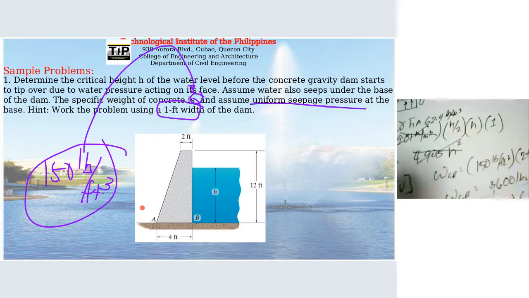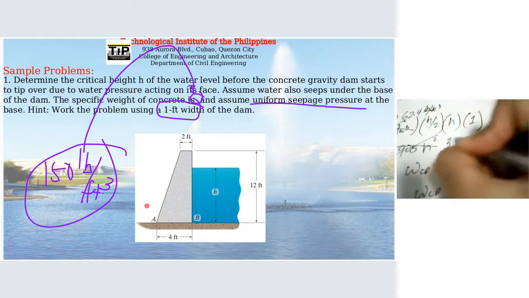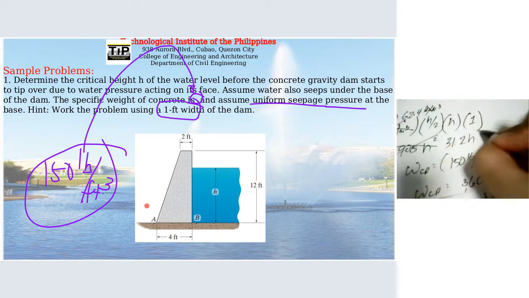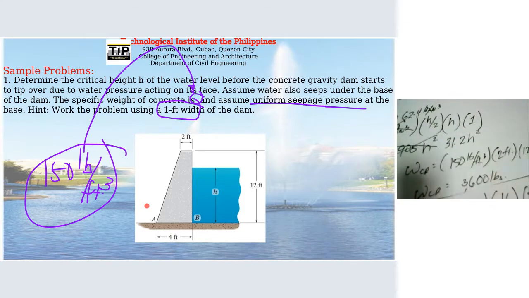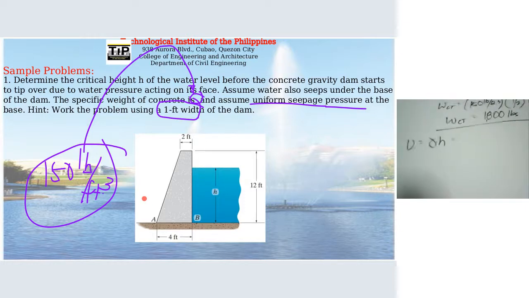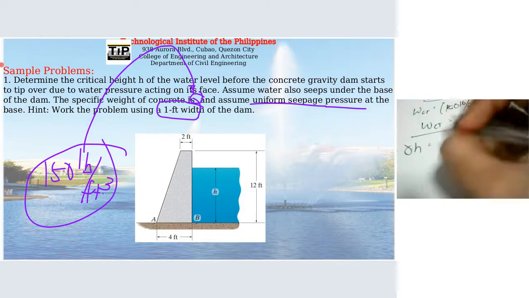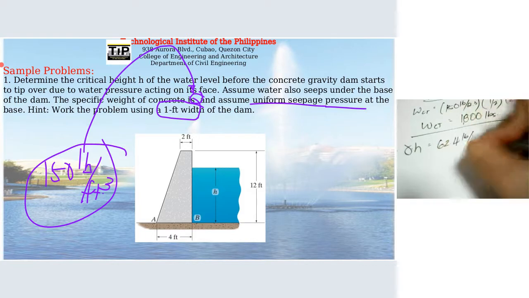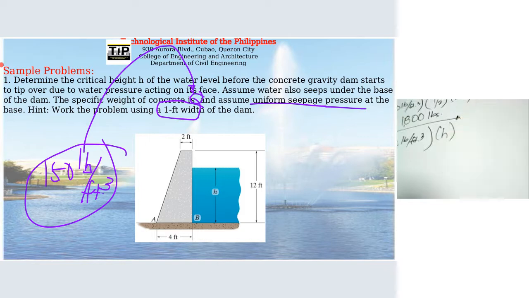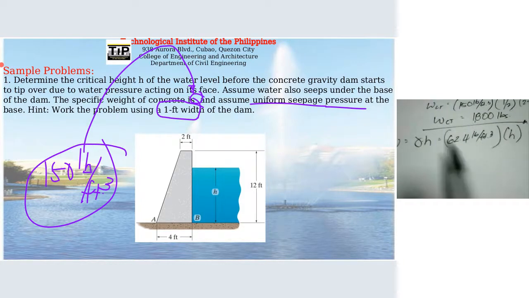Okay, so this should be 31.2. So going back to U, 62.4 pounds per cubic foot times height. So that's the equation for U.